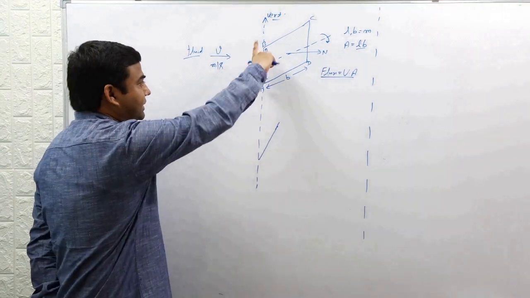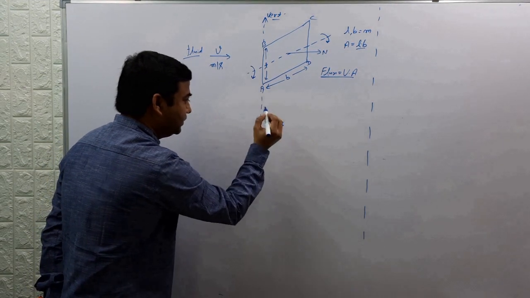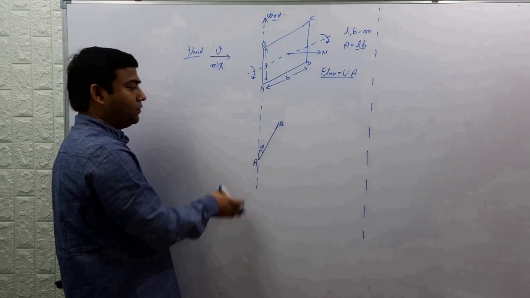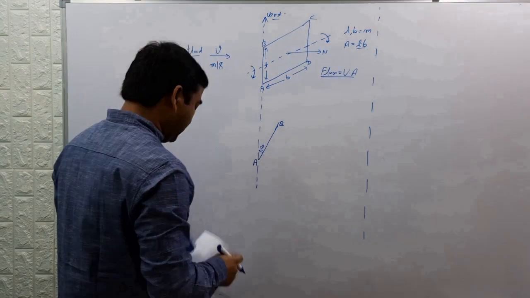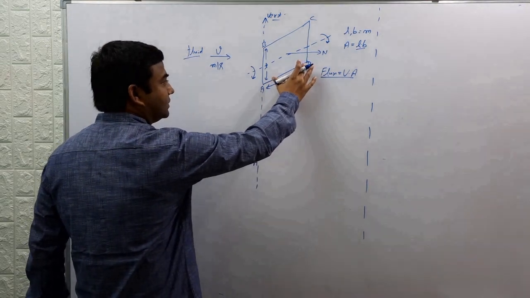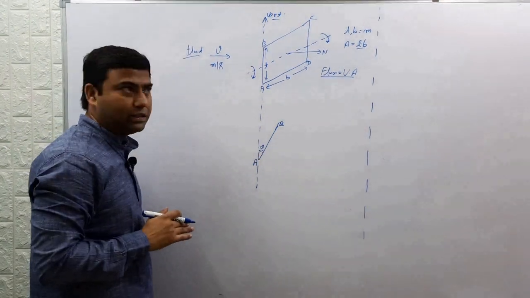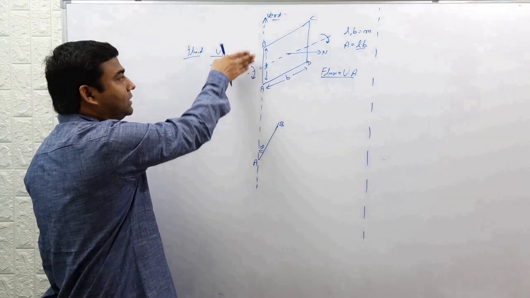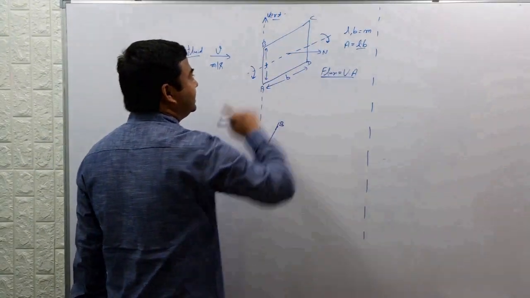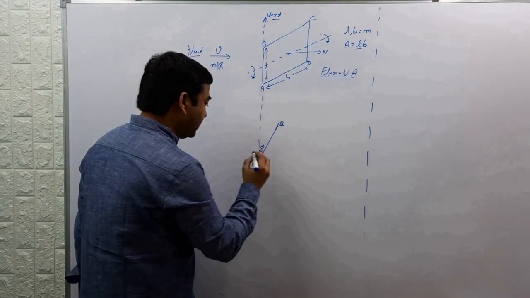When I have rotated it, this arm AB, with A here and B here, will make an angle theta from the vertical. Only this vertical length AB will make angle theta, whereas lengths AD and BC will still remain perpendicular to this velocity.